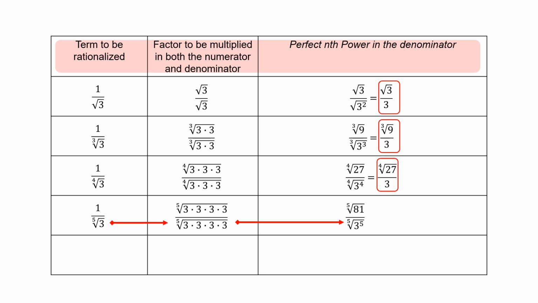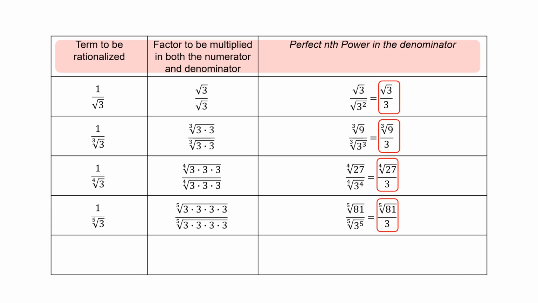At sa denominator naman, the 5th root of 3 times the 5th root of 3 times 3 times 3 times 3, which is equal to the 5th root of 3 raised to the 5th power. So, simplifying this further, we have the 5th root of 81 all over 3. And this is the simplest form kasi wala na tayong radical sa denominator.